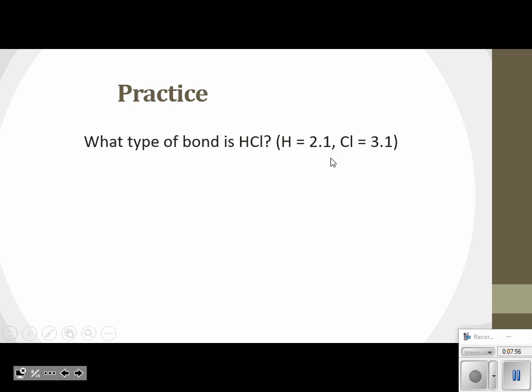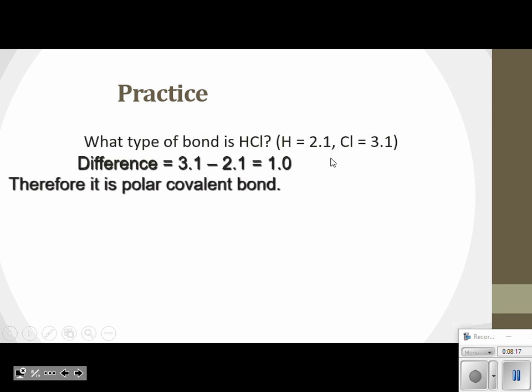But nonetheless, if I look at the difference, I take the 3.1 and I minus the 2.1 and I get a 1.0. That 1.0 falls in the range of the polar covalent, the 0.3 to 1.6. So I know this is a polar covalent bond. That's nothing new. We dealt with that the very first day we talked about bonding.